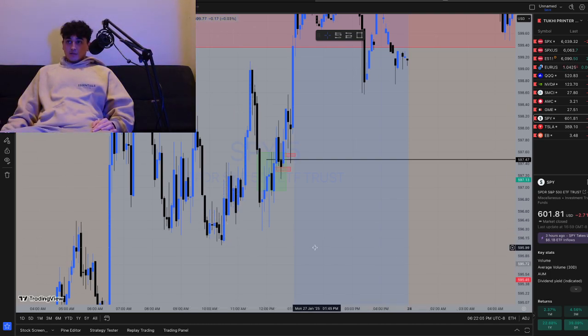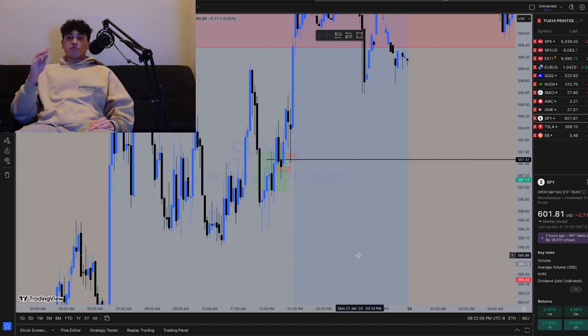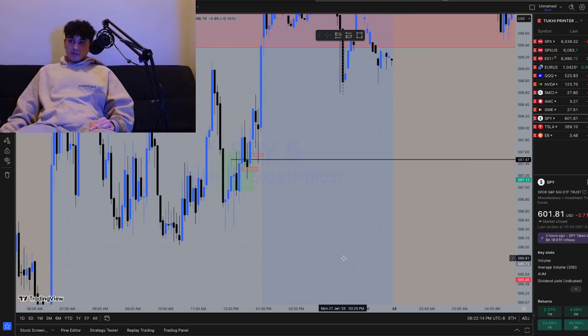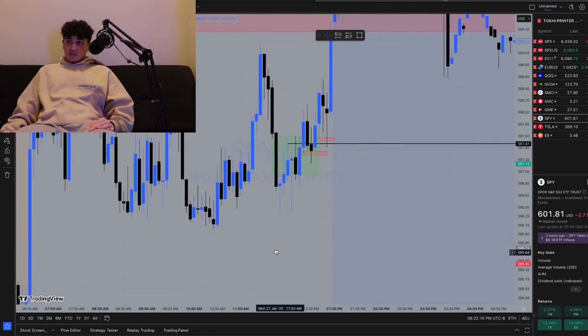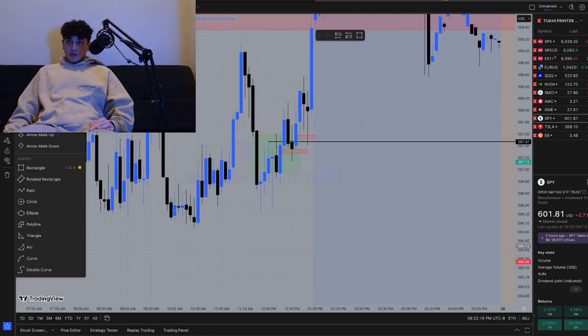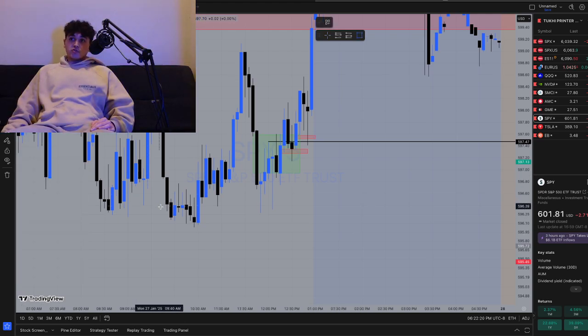So what we want to do is mark out the point before we had the aggressive move to the upside. I'm going to get my zone, my box, and mark out the candle previous to the aggressive move to the upside.